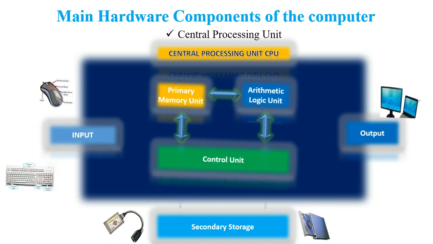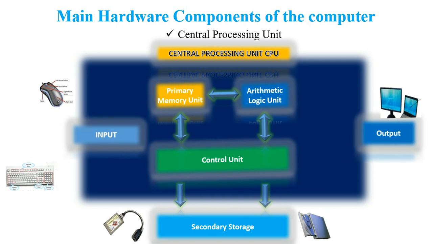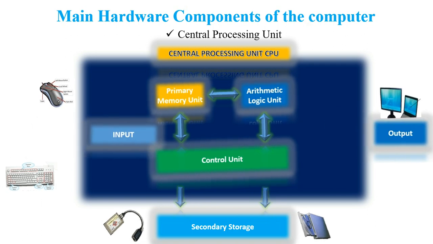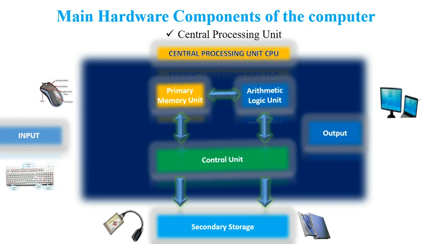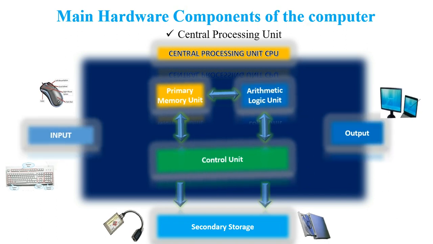Then it decides again whether we need to give this as output or just keep it in our secondary storage. So that's how computing devices work. They take input, they process it, and they output or store or do both. That's how a computing device really works.